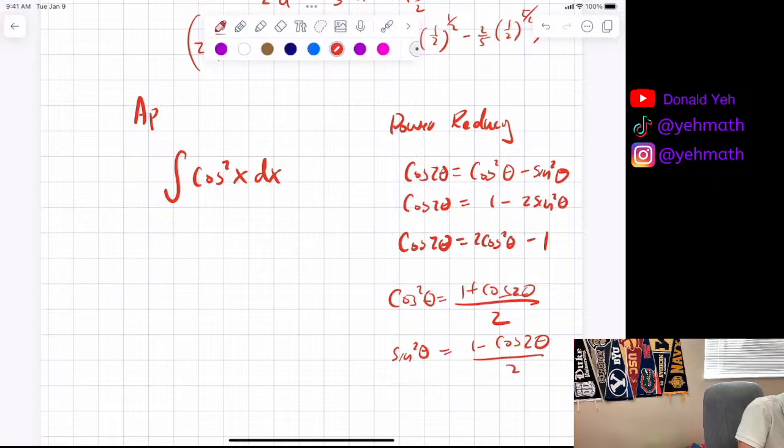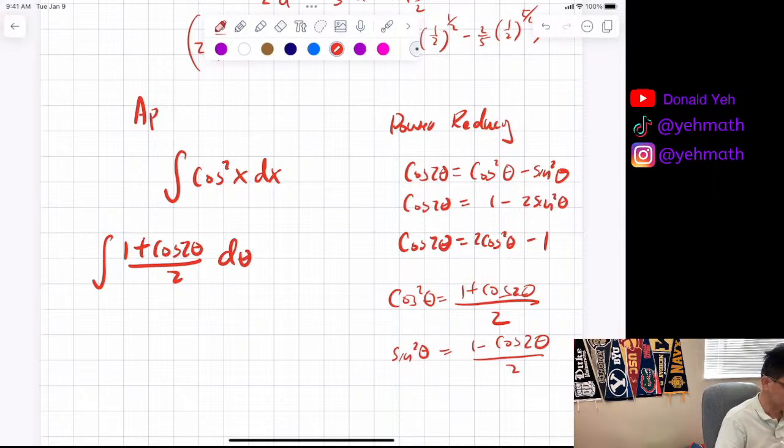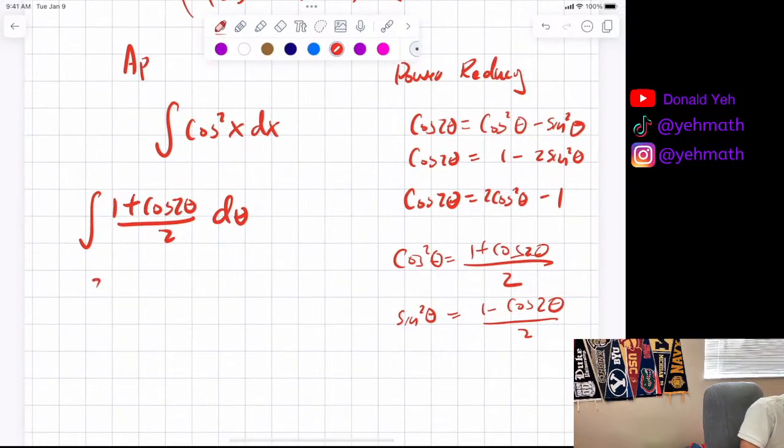Now, you say, okay, well, just integrate this. It'll be 1 plus cosine 2 theta over 2 d theta. Actually, I should use x, but okay, whatever. And then I can split. Right?